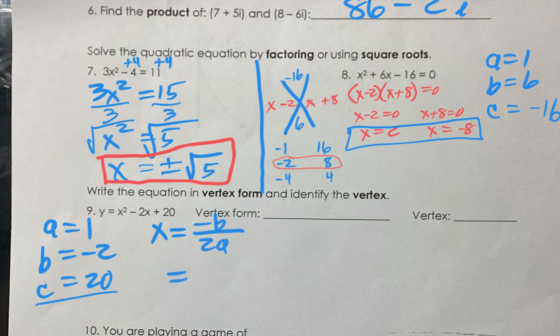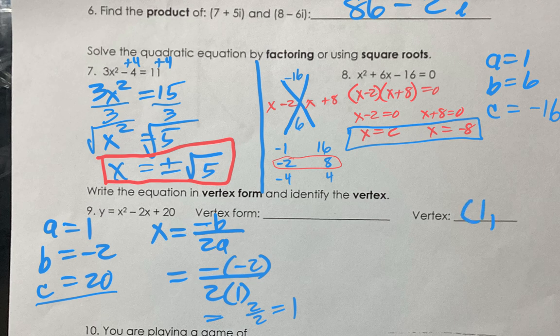So if b is a negative 2, I have negative of a negative 2. Please do not confuse the negative in the formula with the negative on the value of b. That is a negative of the negative b, over 2 times a, which is 1. So that gives me 2 over 2. So the x coordinate of the vertex is 1.